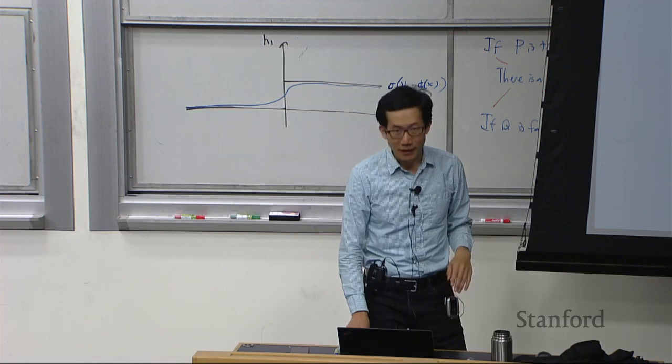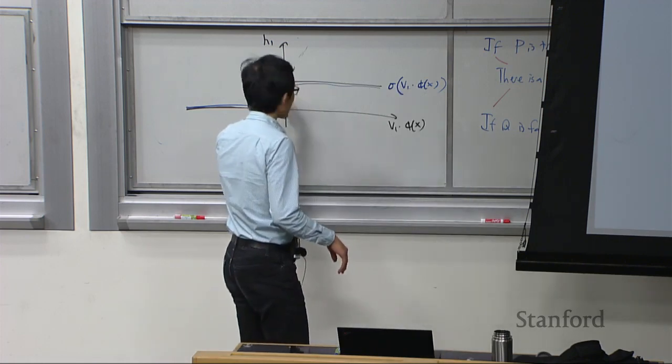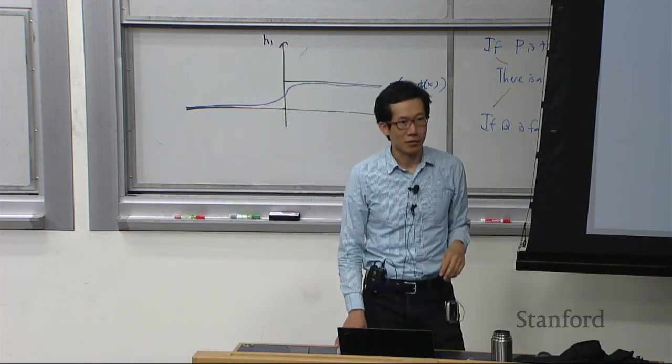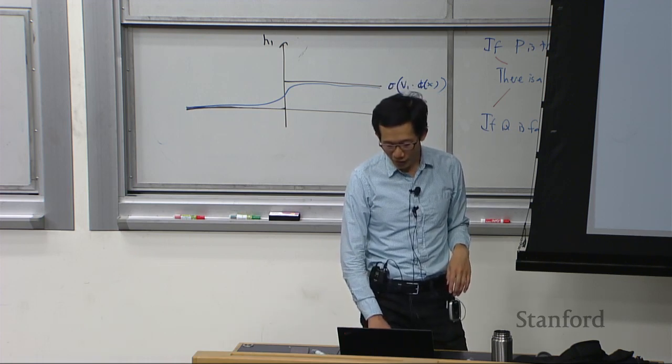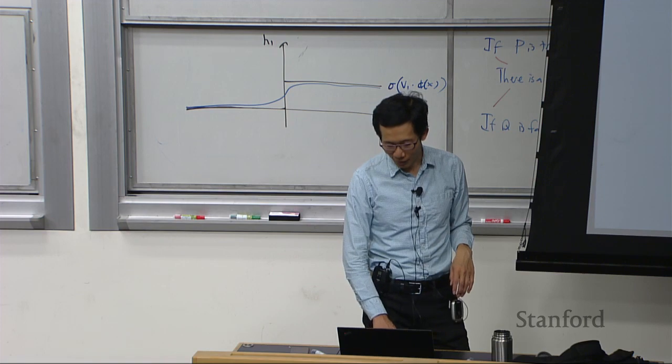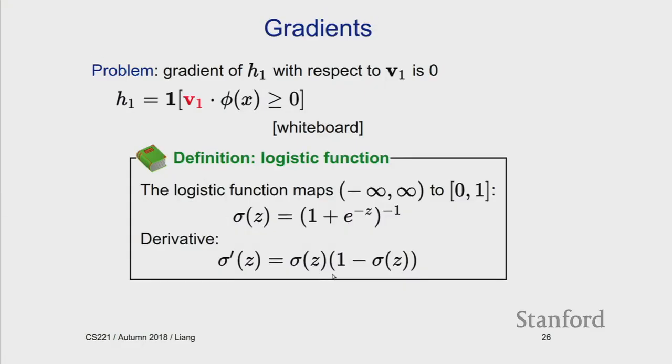But if you're in this kind of region, then the gradients are not 0. Okay, if you take the derivative of this, and everyone should go do this, you get this particular form, which looks pleasing. All right, so let's just replace this hard threshold step function with the sigmoid function.